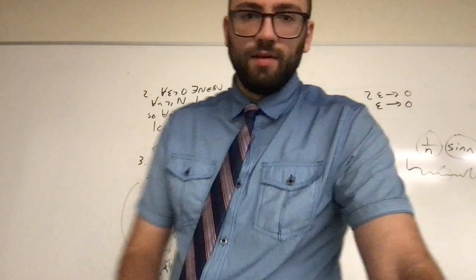Suppose x_n converges to some real number a. So as n approaches infinity, x_n approaches a. Then x_n over n as n approaches infinity would become a over infinity, which would be 0.